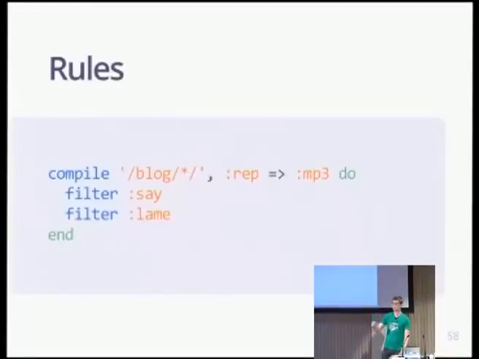You could say, okay, I'm running this say filter, which on macOS 10 could take the text and create an AIFF file containing basically the spoken text-to-speech of that article. Then you run lame to get an MP3 file. This is absolutely useless, and I would not recommend doing it, but it shows the power that the rules and the filters provide.